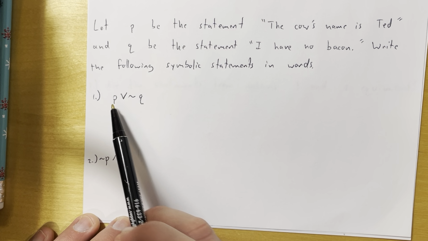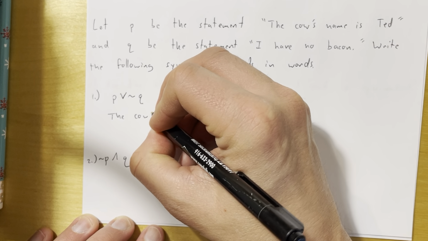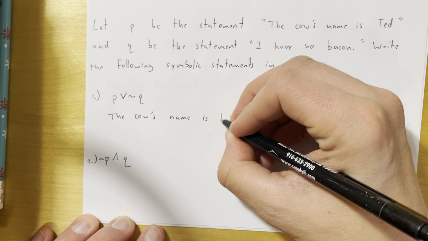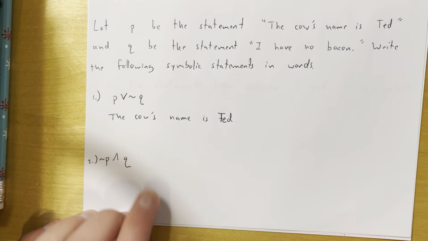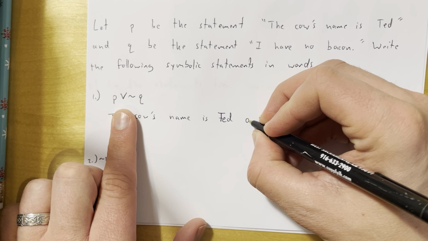So the statement P is, the cow's name is Ted. I'm going to write that. Oop, I should capitalize Ted. The disjunction here tells me that I need to use the word or next.